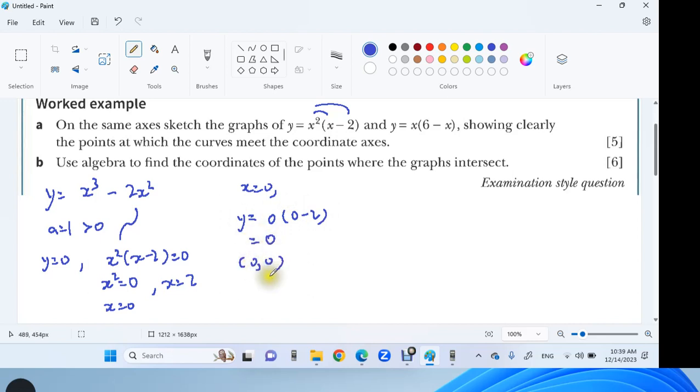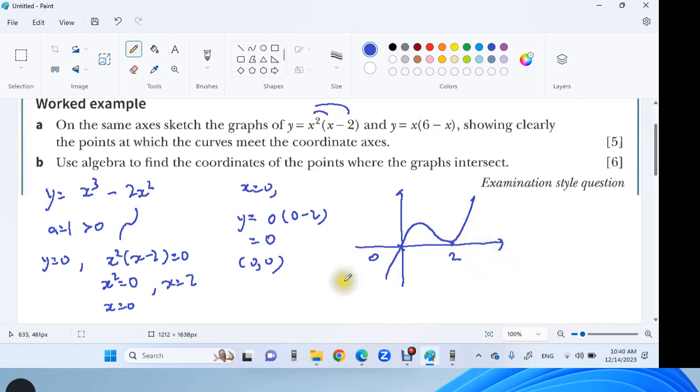So (0, 0) is the point. The cubic equation will look something like this. It will touch at 0 and pass through 2. This is how the graph looks.